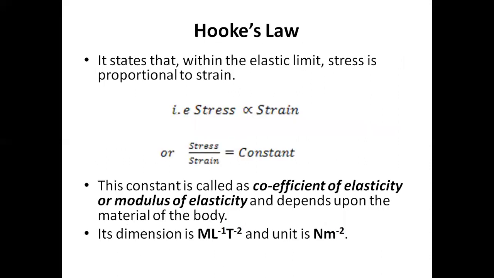Then what is Hooke's law? Hooke's law states that within an elastic limit, stress is proportional to strain. That is, stress is directly proportional to strain within the elastic limit, or stress divided by strain is a constant, and that constant is called the coefficient of elasticity or modulus of elasticity, and it depends upon the material of the body.